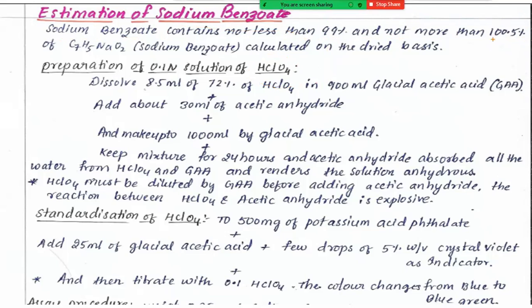What is the reason for that? Actually, sometimes before dissolving the drug in a suitable solvent, it is dried in a hot air oven. Due to placing it in the hot air oven for a prolonged time, the water molecules which are there in the compound will be evaporated.